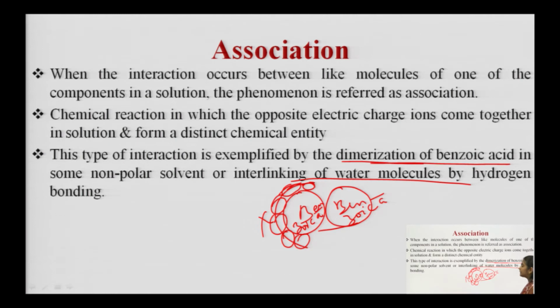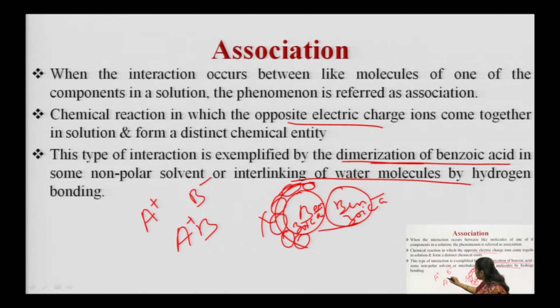And if we talk about ion species, in a chemical reaction, oppositely charged ions will combine together to form an association or distinct chemical entity.